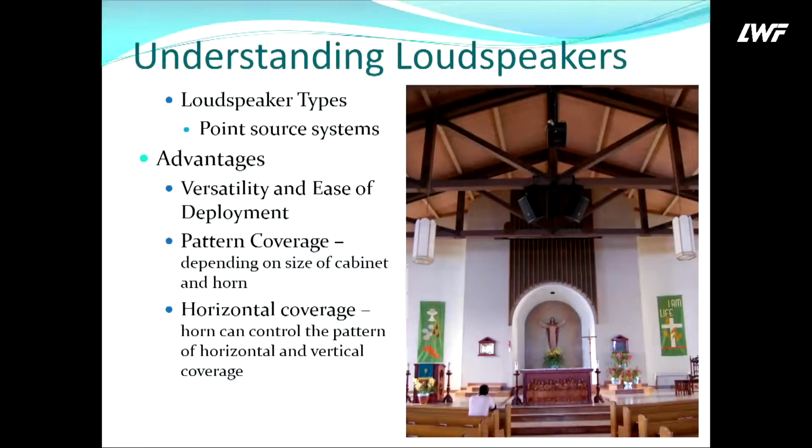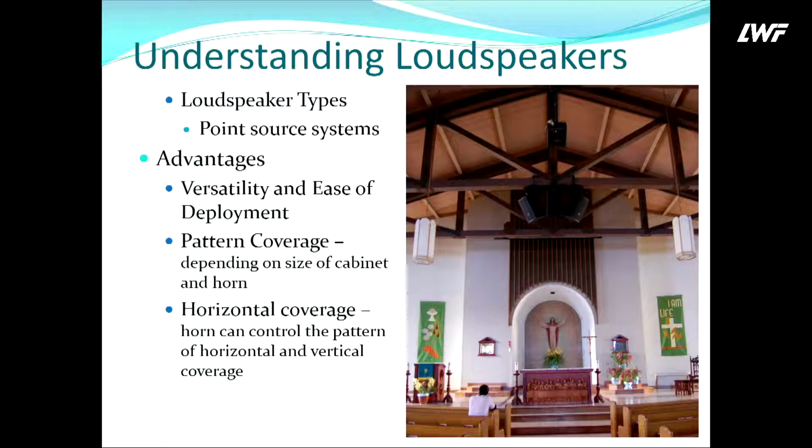Okay. Now, the other thing also, yung horizontal coverage niya, you can actually control the pattern of the horizontal and the vertical coverage. Anong ibig sabihin nun? By just angling them. For example, if you want more coverage towards, let's say, palagay natin the back, ituturo mo yun.